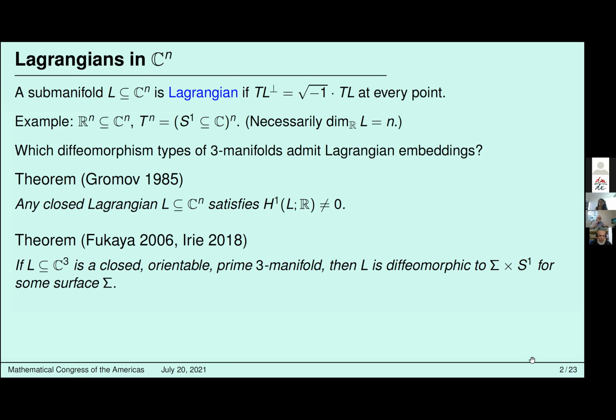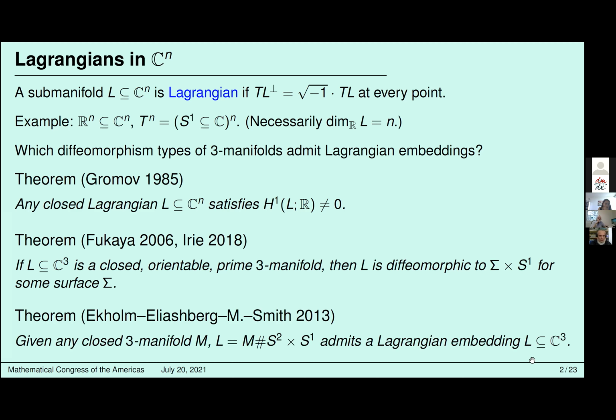Now, what I want to contrast this with is the flexibility side, which is a theorem due to my collaborators and myself: if you have any manifold and you connect sum a single copy of S2 cross S1, then it does admit a Lagrangian embedding.